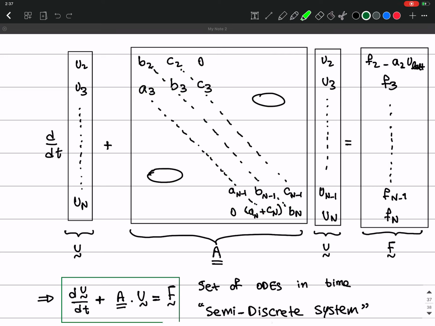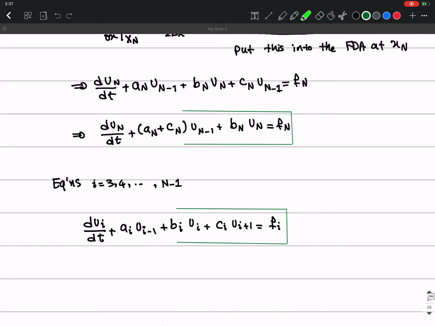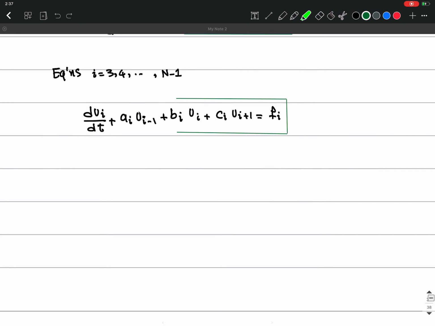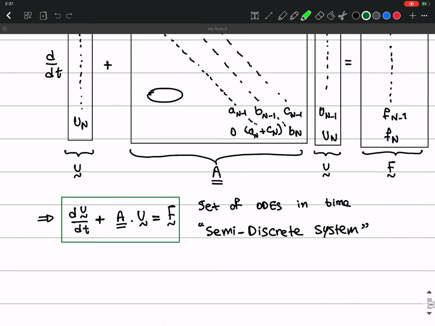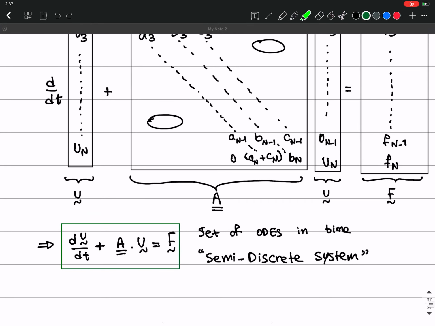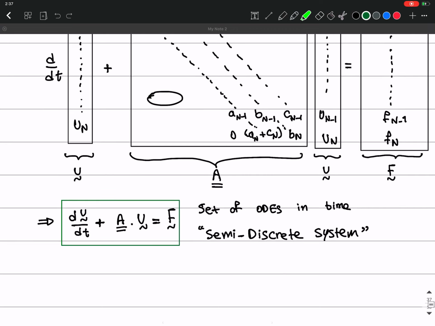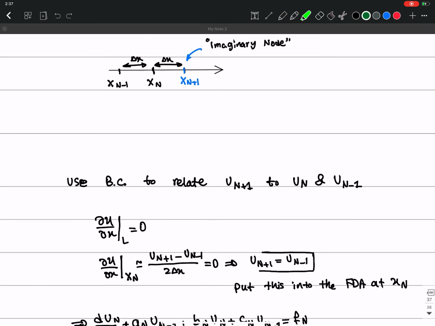U is the discretized vector of u in space, and F are, we can call them forcing terms, that are shown on the right-hand side of this equation. Okay, so this is for constituting a matrix, and the next step that we gotta do to finally solve this equation and fully discretize this system.